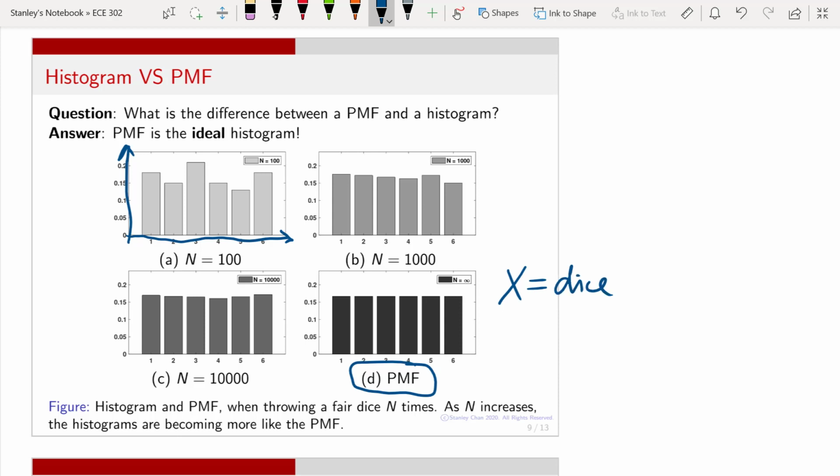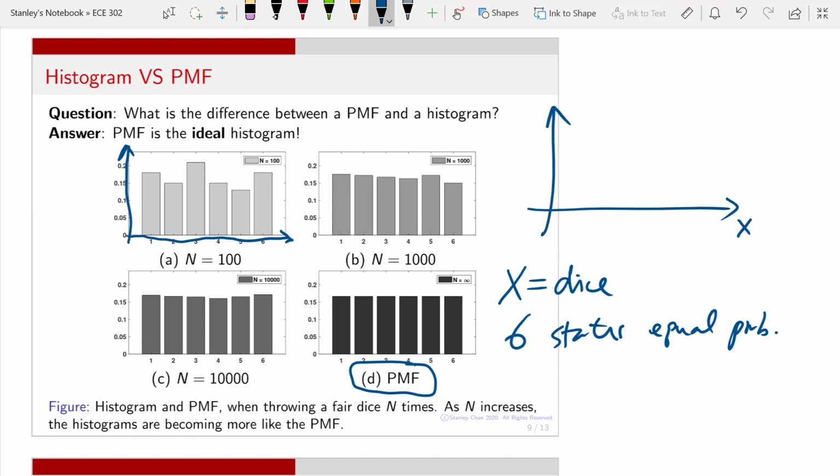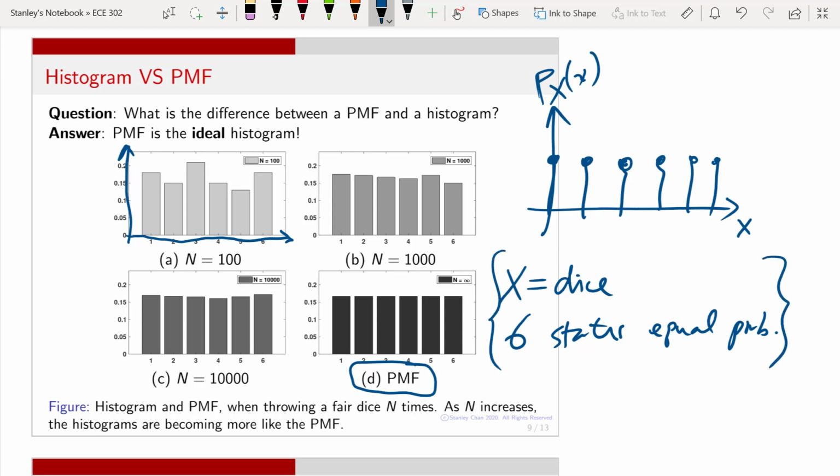You have 6 states, equal probability. And so what you will have is that you draw all these x, and then you're plotting p_X of small x. And since they're equal, you will be able to get this. So this is generated from the problem. It is generated directly from the random variable that you're studying.